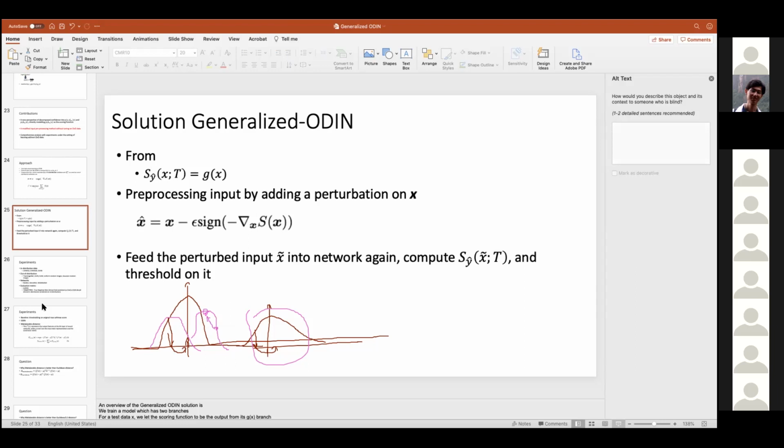I just mentioned that it may not be guaranteed. Maybe empirically, yes, but not theoretically guaranteed for such a solution. Yeah. So I think the pre-processing idea is to amplify the differences between the in-distribution and out-of-distribution data.